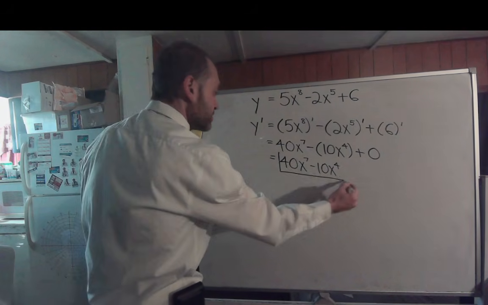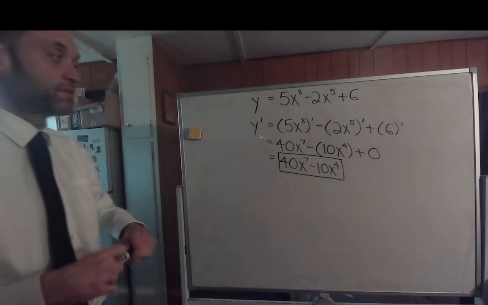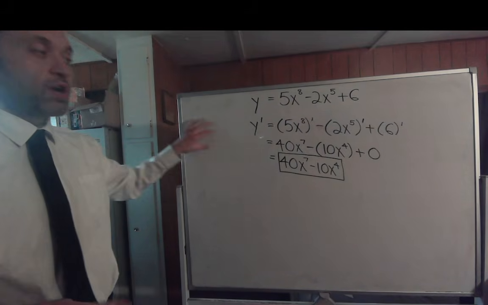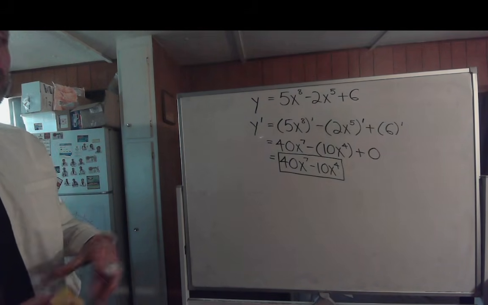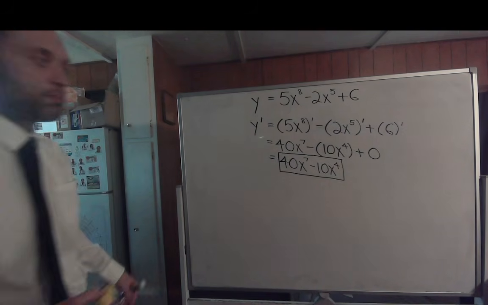So there is my derivative. It's going to be 40x to the 7th minus 10x to the 4th. It's in the y prime form, so that means the same thing as f prime of x, but you also want to get used to seeing y prime.